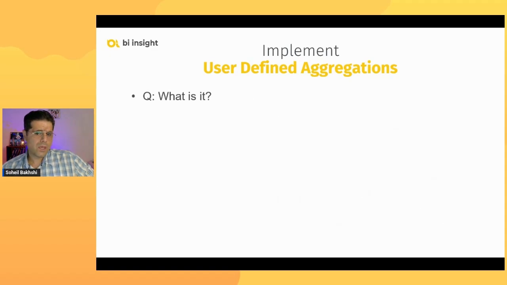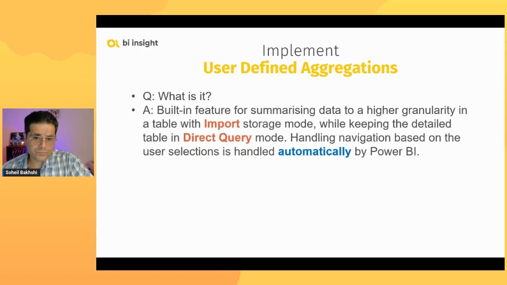Anyway, user-defined aggregations, or aggregation awareness, is the out-of-the-box available mechanism in Power BI itself, the built-in feature where we just take care of the summarization, and it imports the data into the model and keeps the detailed table in DirectQuery.